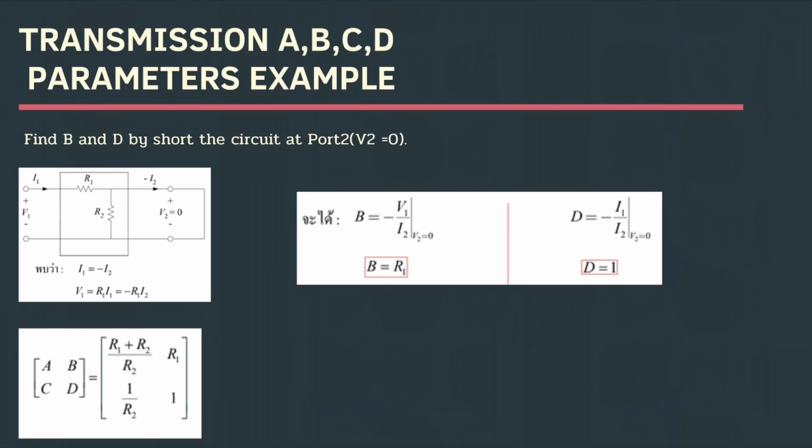Step 2, find B and D by shorting the circuit at port 2, when we determine V2 equals 0, and we get the equation I1 equals minus I2, V1 equals R1 I1. We get the equation from this picture, and we write it in matrix form.